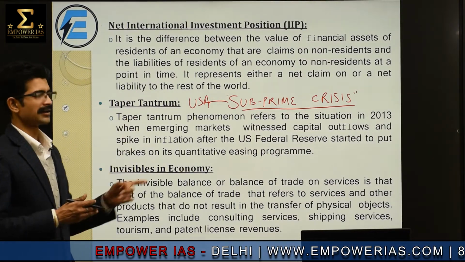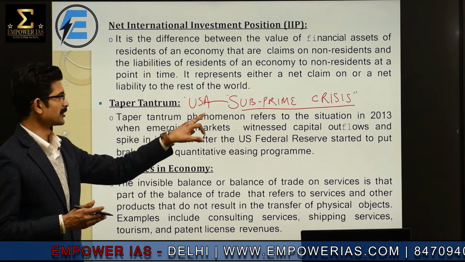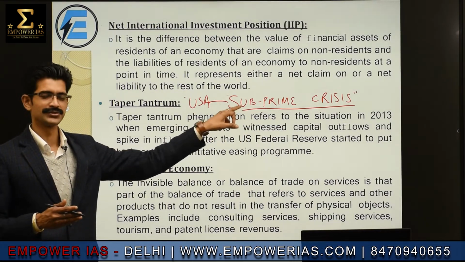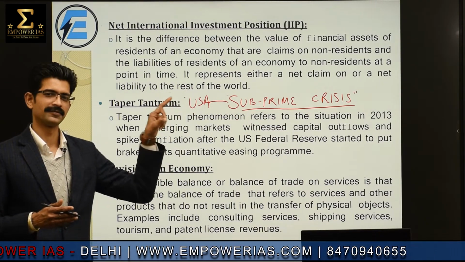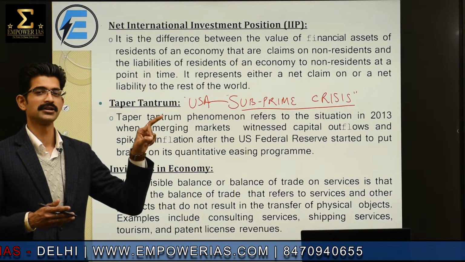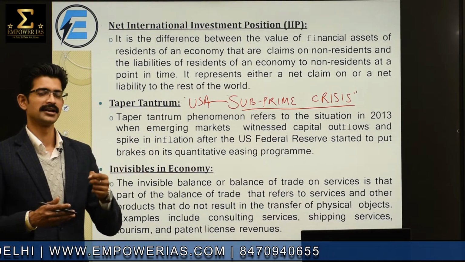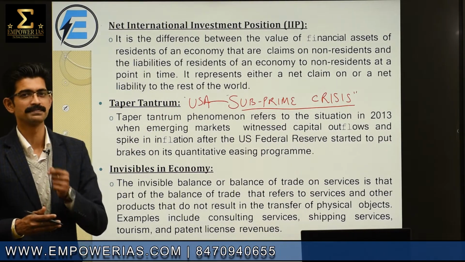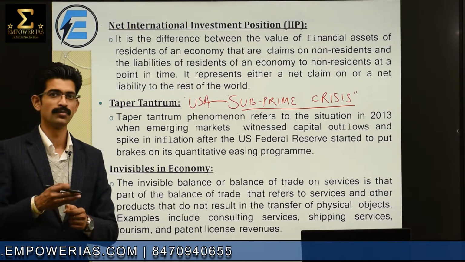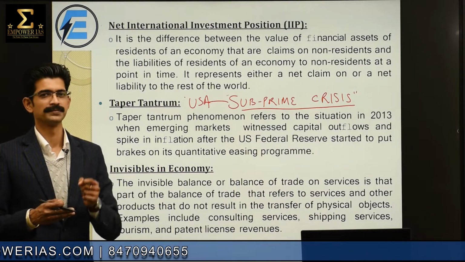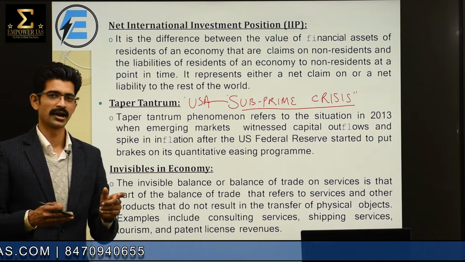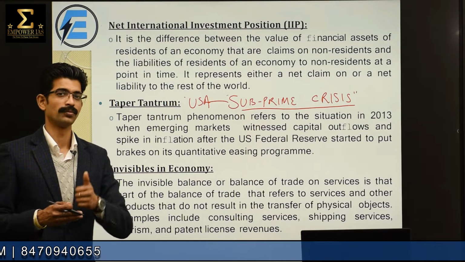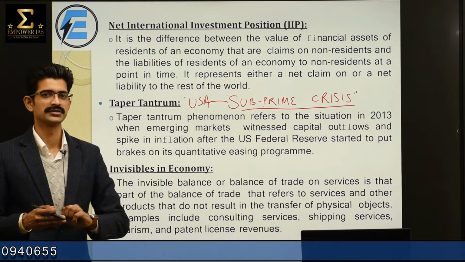Next is taper tantrum. So we wrote here USA subprime crisis. As you see, taper tantrum was a phenomenon in which the emerging economies felt a real slide back after the 2007 subprime crisis, which led to the mortgage crisis and the creation of synthetic collateralized debt obligations, which led to the fall of the US economy.